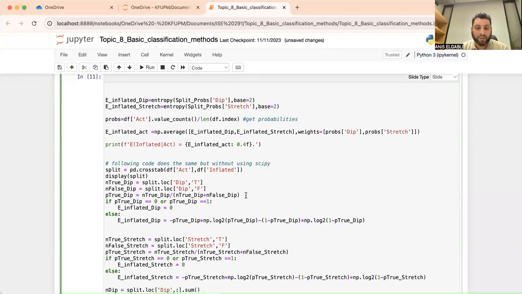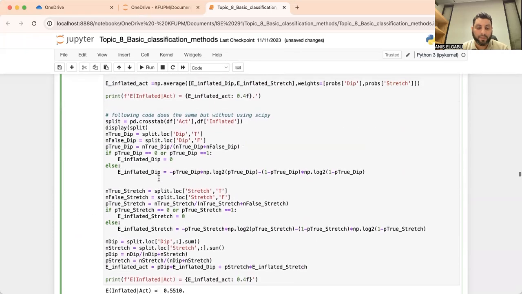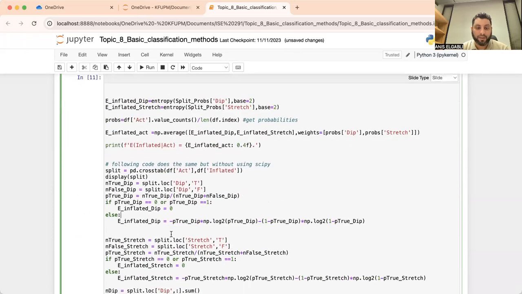Then we can compute the probability of inflated equal to true given act equal to dip. Then we can compute the first part, the conditional entropy of inflated given act equal to dip, because we have extracted everything we need for that. Then, instead of passing to the function entropy, we can actually do it ourselves.